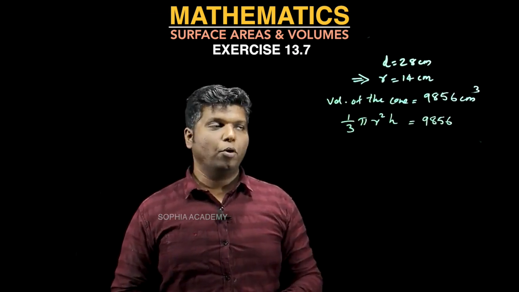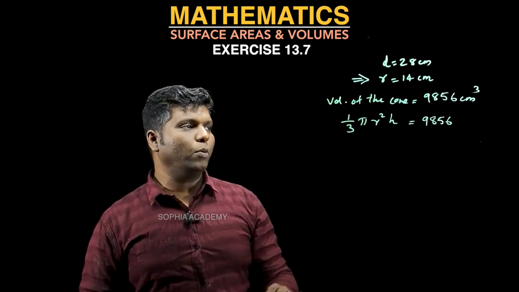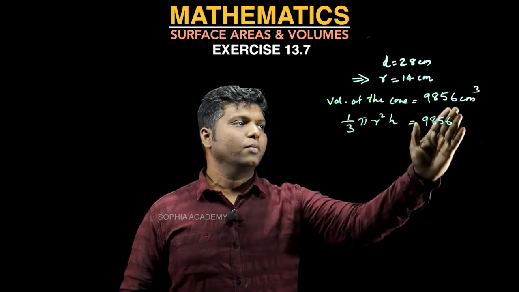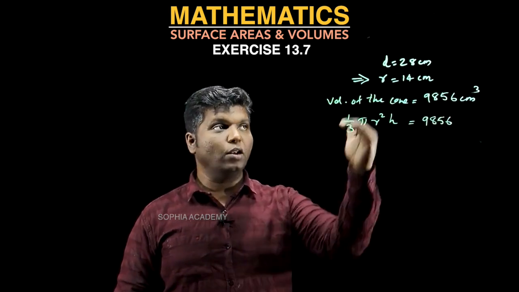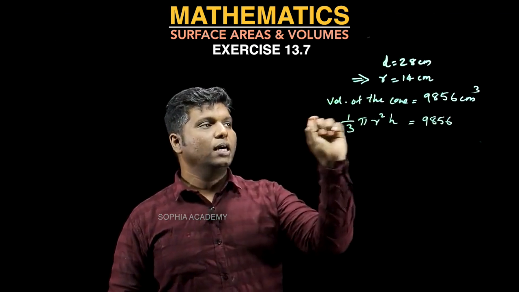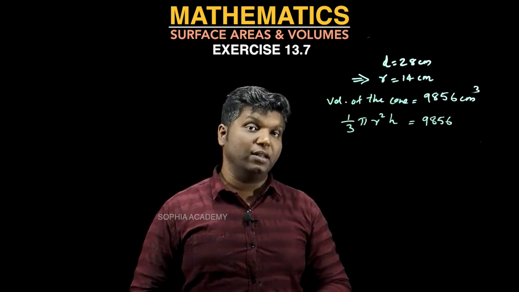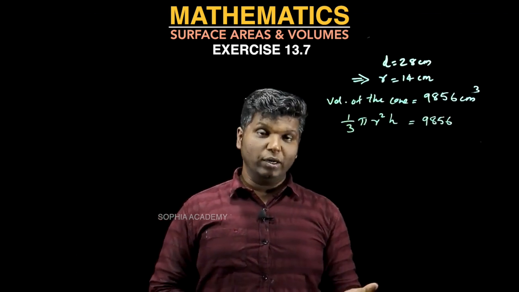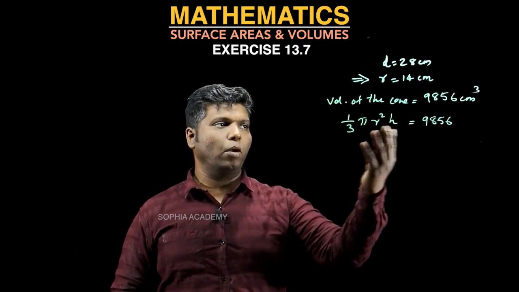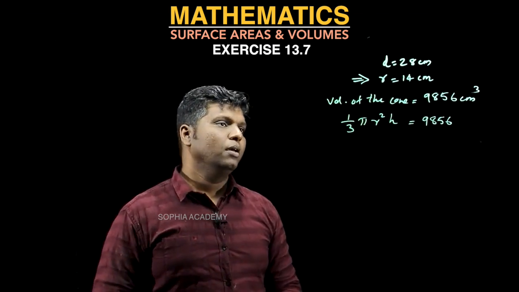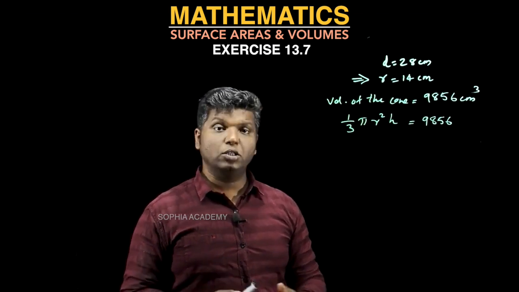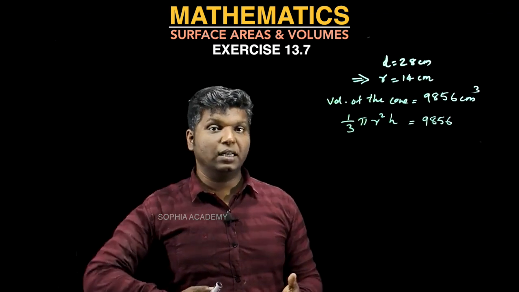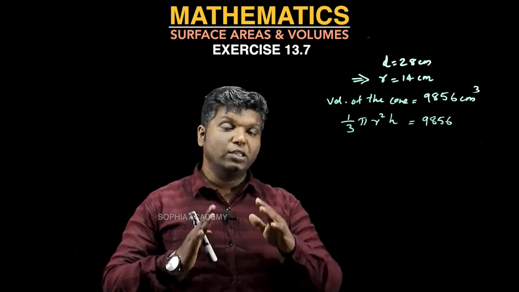Whenever you are going to solve your problem, there is no need to write the unit. It should be written only when you are representing the statements one by one, what is given in the question. But when you start the problem, from here our problem starts. Now for pi, it is not given to take 3.14.